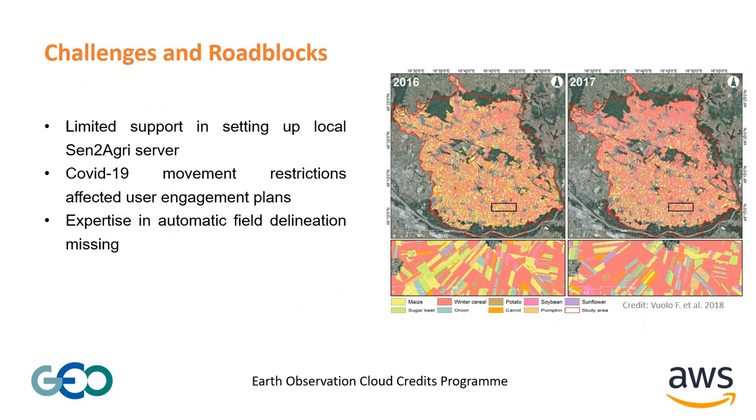Some of the challenges that we have been facing, as I mentioned before, are the limitation of not being able to set up the Send2Agri server, because we find that is a very good starting point to look at how to improve the already existing algorithms within the Send2Agri system. We would want to go ahead and deploy the Send2Agri system on our server for testing.